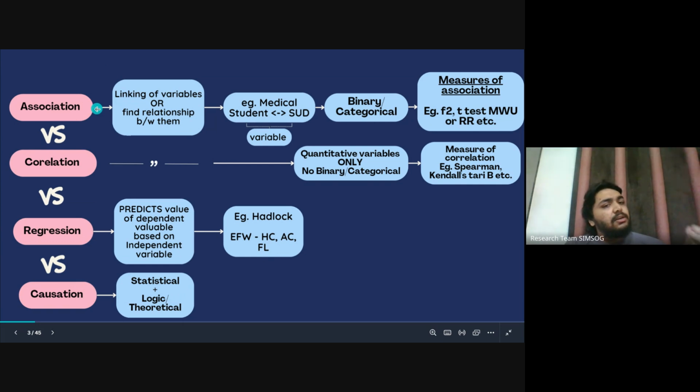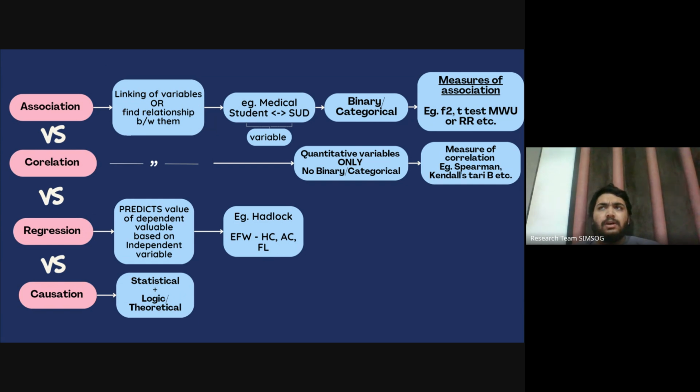When I say that something is associated or correlated, or even if I find a regression analysis of it, that does not necessarily imply causation. Because in the previous sessions, you learned about various biases, confounding factors, and a lot of other things. So if something is associated, it does not necessarily mean that it is related on a causative level.